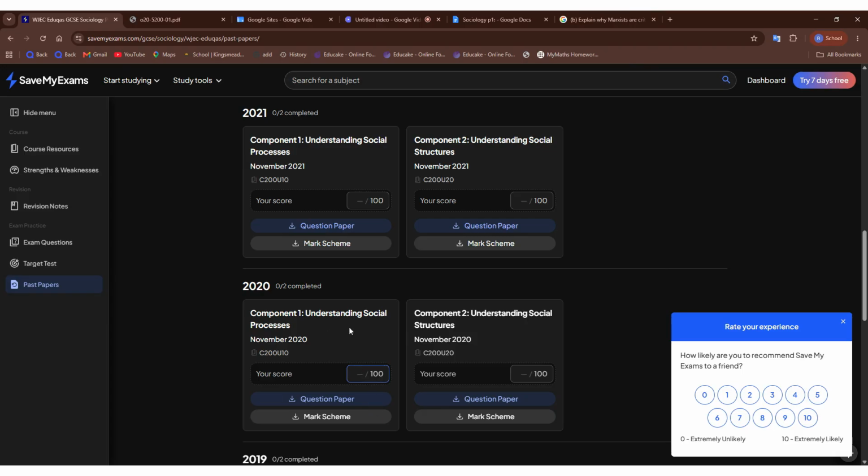Key pointers: always use a structure that you are familiar with. If you are unfamiliar with PEEL, don't use PEEL. If you prefer doing something else, use that. The exam board does say to use PEEL, but if you have your own way, still do it. Always have a conclusion in your answer. Always try to use different concepts. Don't say feminist and then do New Right in the same paragraph.